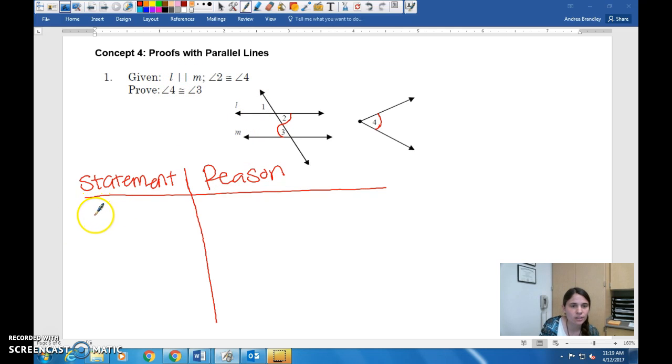So I was given that L is parallel to M and angle 2 is congruent to angle 4. And my reason for that, I can literally just say given. That was given to me. And then the next thing I decided was that angle 2 and 3 are equal to each other. So my next statement is going to be angle 2 is congruent to angle 3.